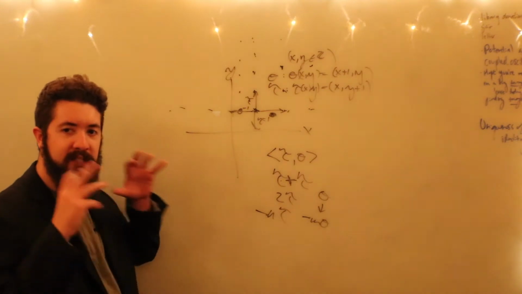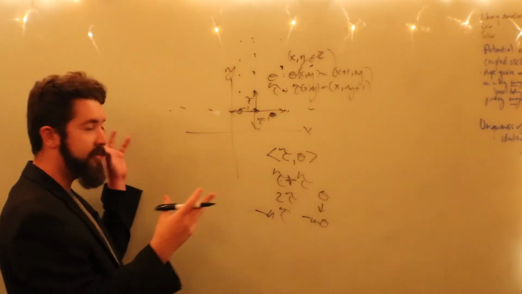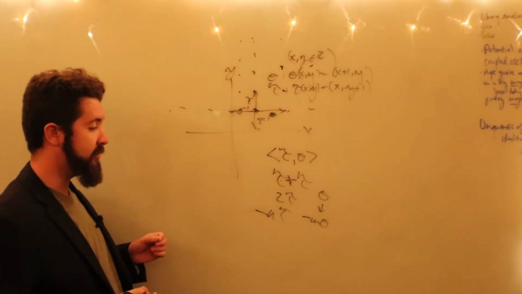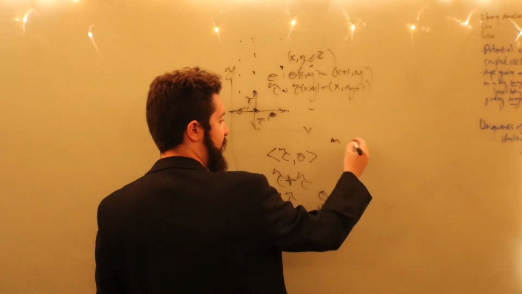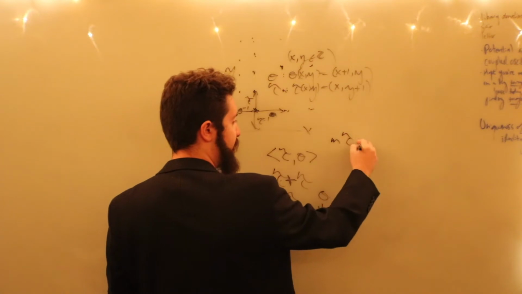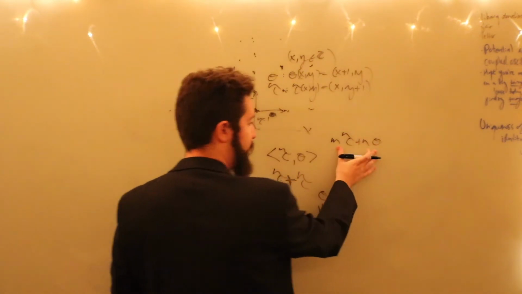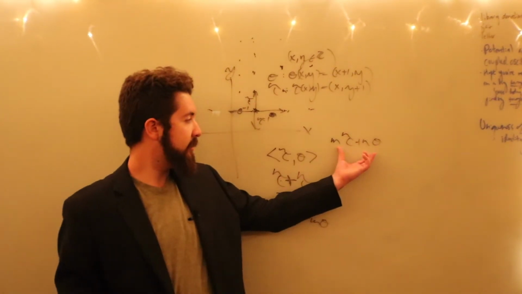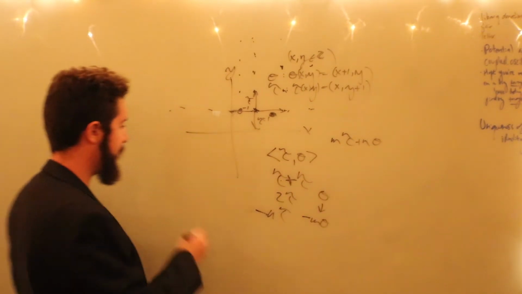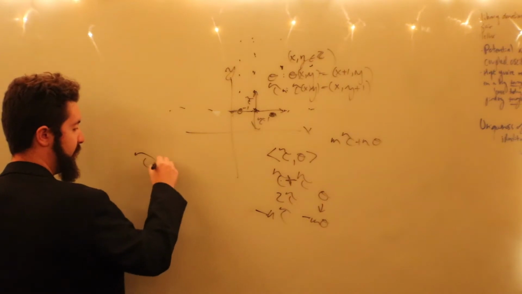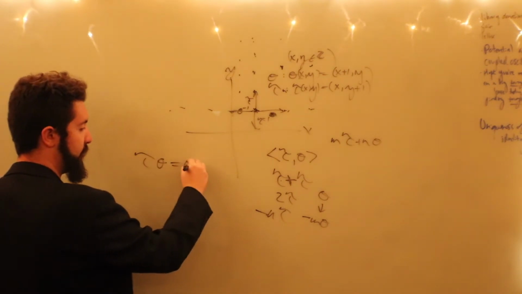We can think about all possible combinations, which is going to give us this whole lattice, given just one starting point. And so we think of this as all integer combinations of sigma and tau.